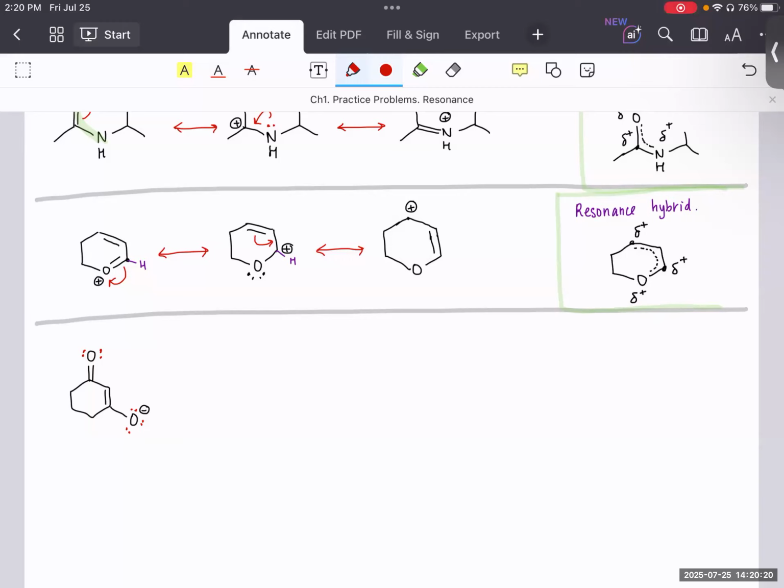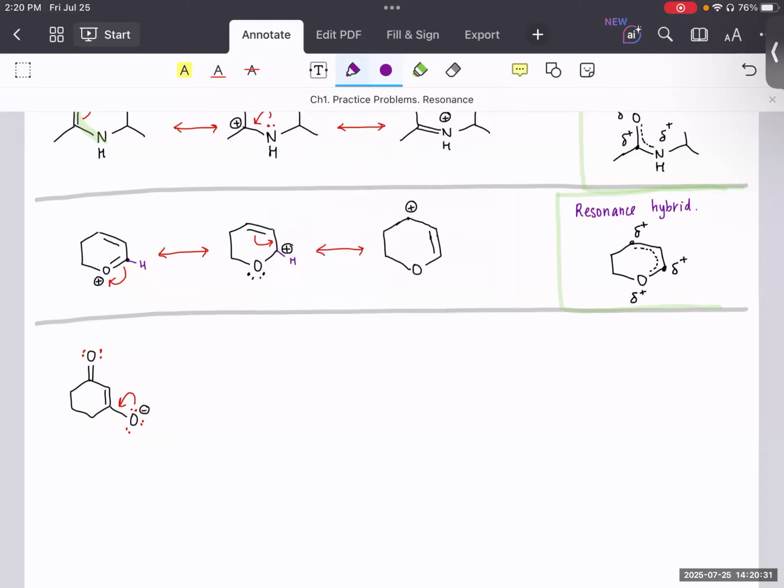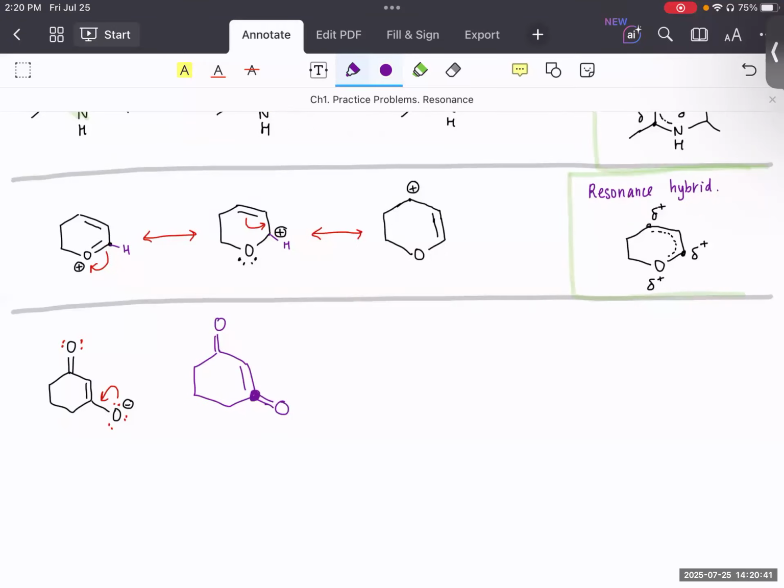So we can start with this lone pair of electrons and move it down here. But if we stop here, the problem is that we would form this structure right here. This carbon right here now has five bonds because it has those two double bonds and then a single bond. So we cannot form this.